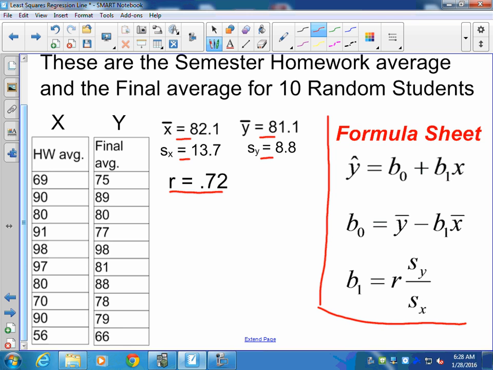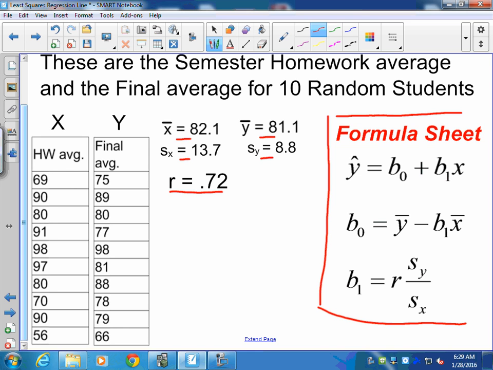The formula sheet gives us the equations that we need to be able to build the least squares regression line. So sometimes you're going to have to build it by hand based off of values, and other times you're going to be able to just use the graphing calculator to get the equation of that line.